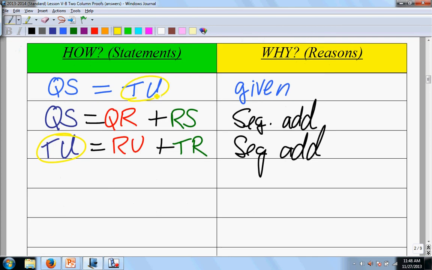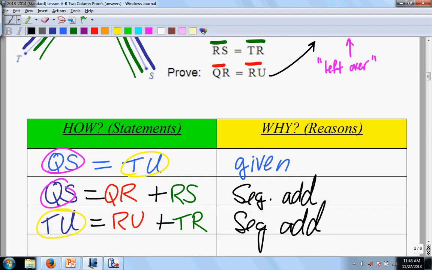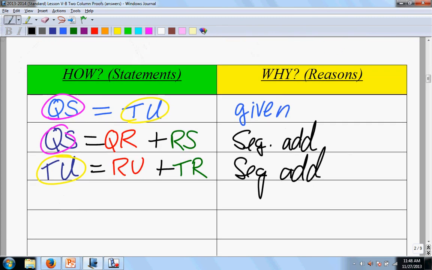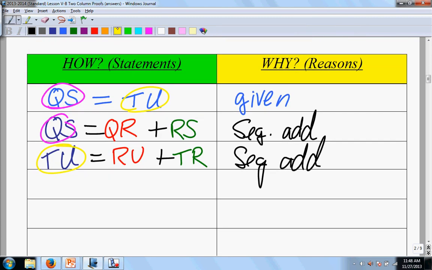And do you see that we have TU here? And you see we have QS here and QS here. Notice that we have pink and yellow, that's equal. If the pink and the yellow are equal, then you can substitute this for each of those.